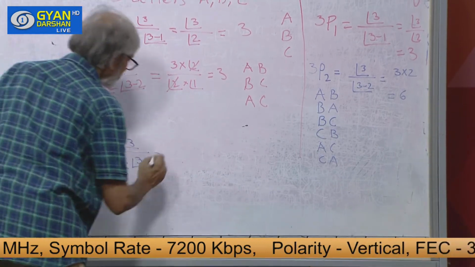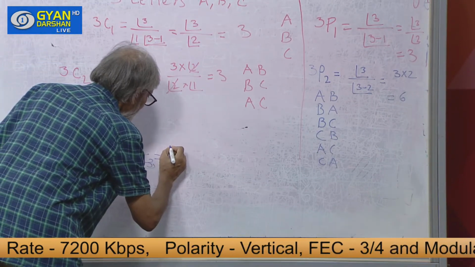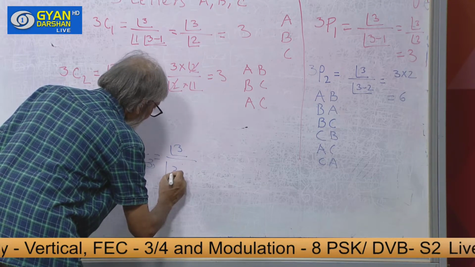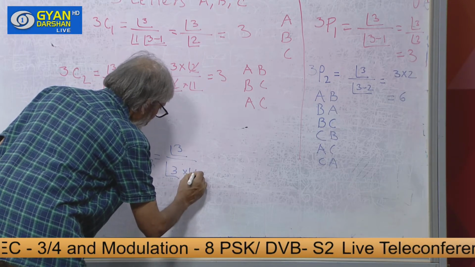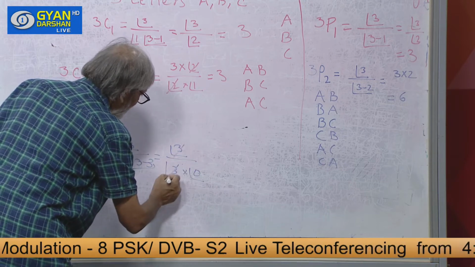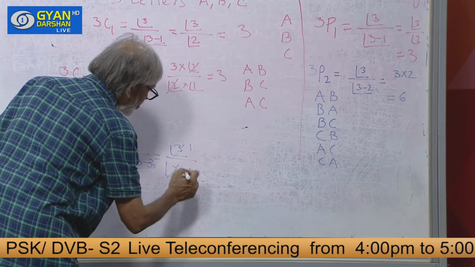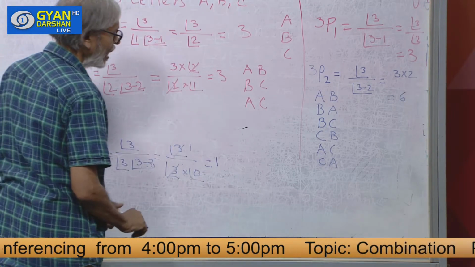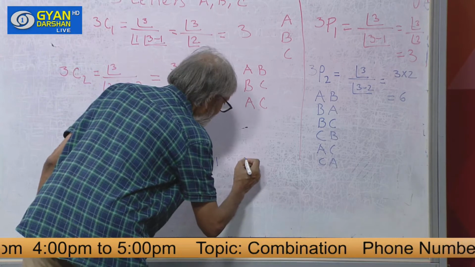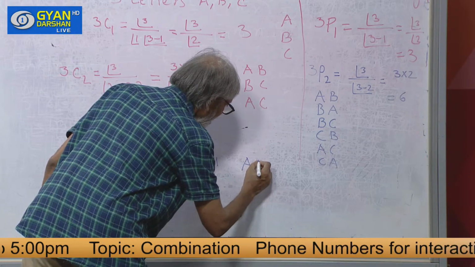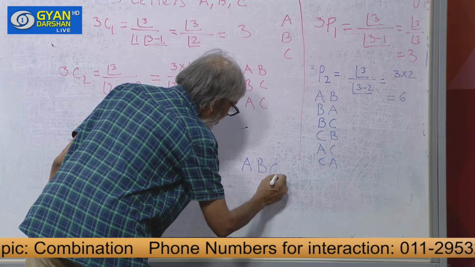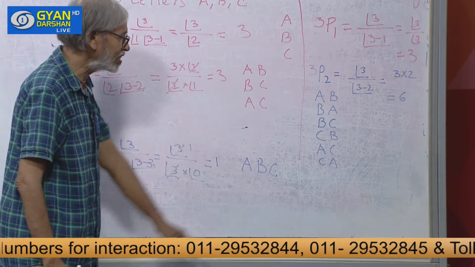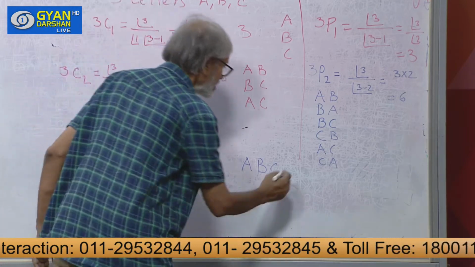So, this will become factorial 3 divided by factorial 3 into factorial 0. These will be cancelled out, here 1 will be there, factorial 0 is also 1. So, only one combination is possible, and that combination is A, B, C, because order is not important here.